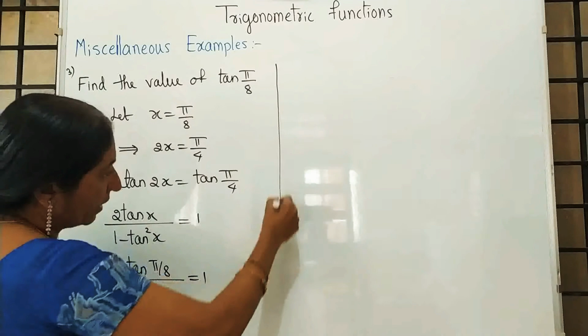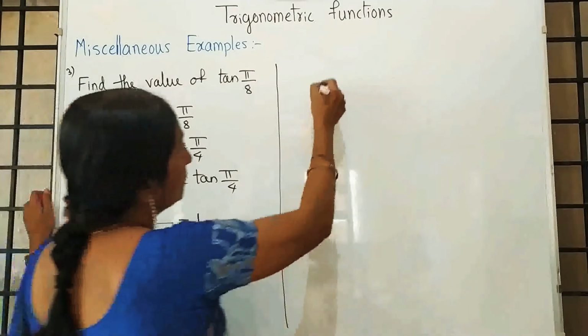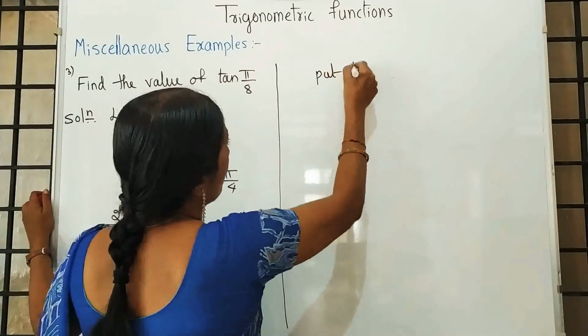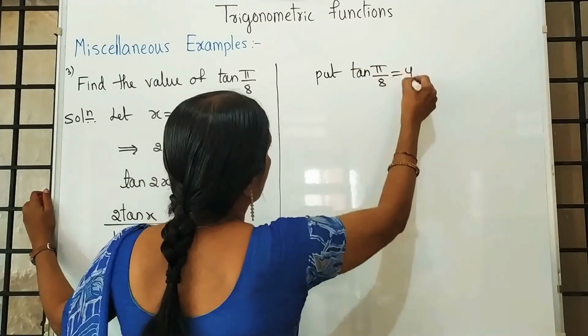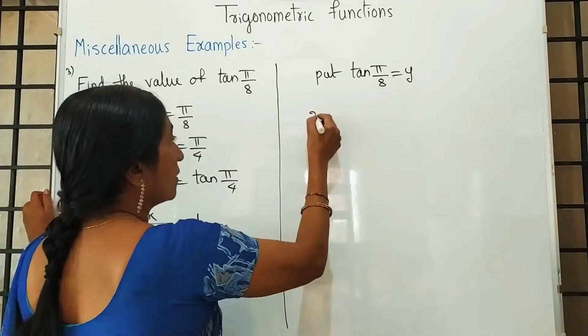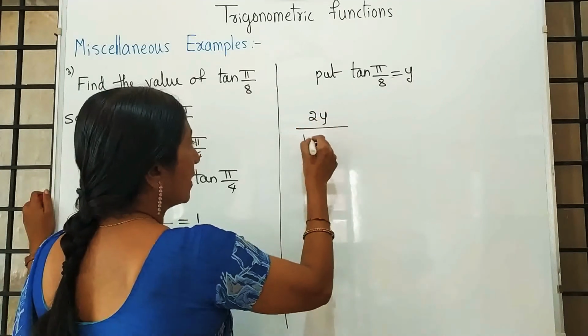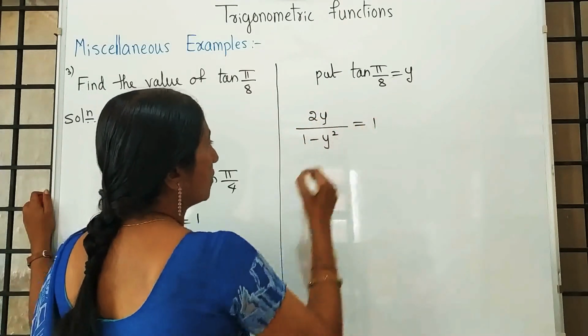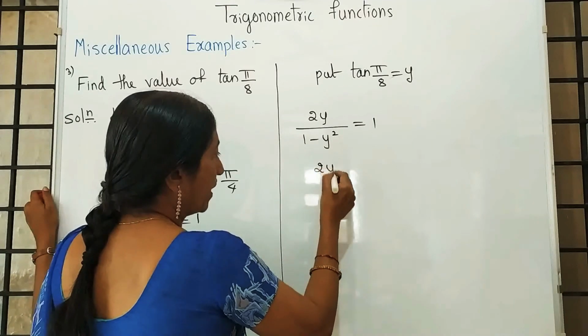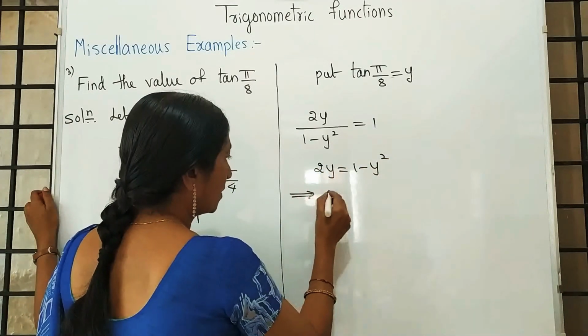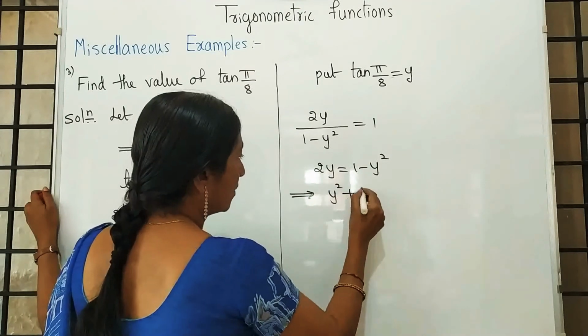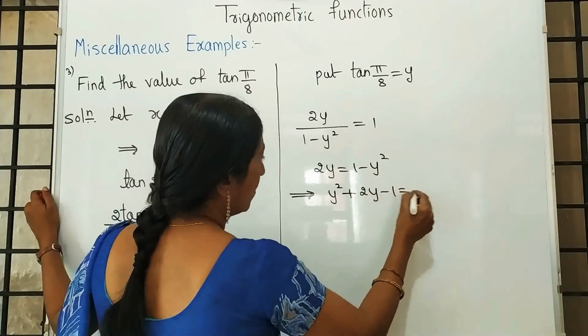For our convenience, I am writing tan pi by 8 as y. 2y divided by 1 minus y square is equal to 1. 2y is equal to 1 minus y square, implies y square plus 2y minus 1.